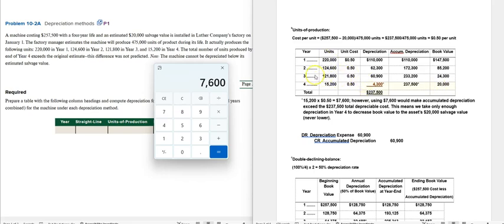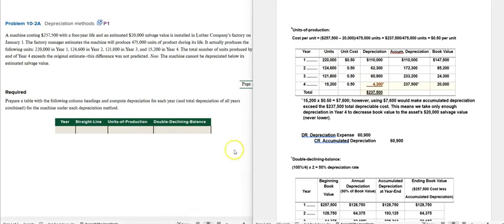So I have to, in that last year, ignore the formula for the calculation, and I'm just going to compare my book value when I started year four with the book value I need at the end of year four. And that's going to be how much depreciation expense I'm going to record.